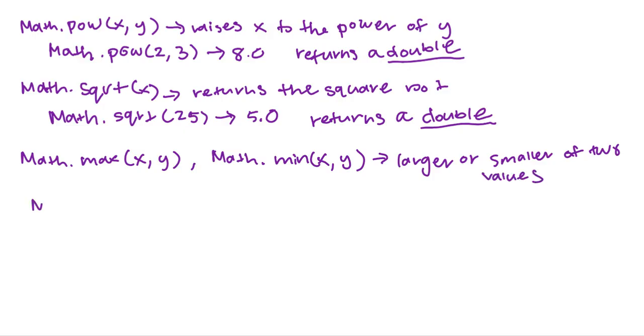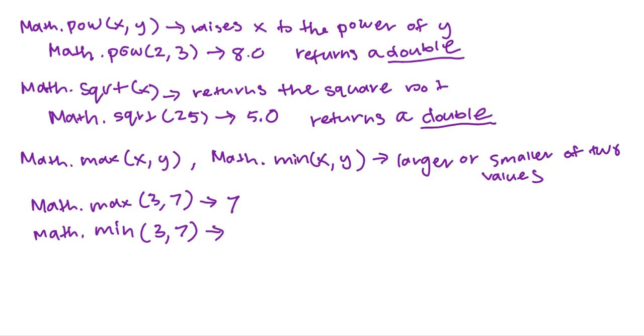So if we had math.max 3, 7, we're finding the max, so the larger one, which is 7. If we had math.min of 3 and 7, we would get 3. And this function matches the data type that you pass.